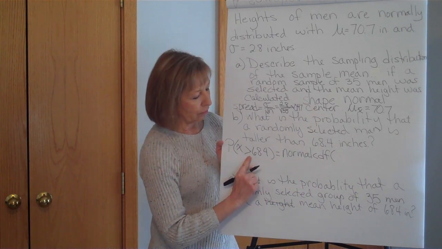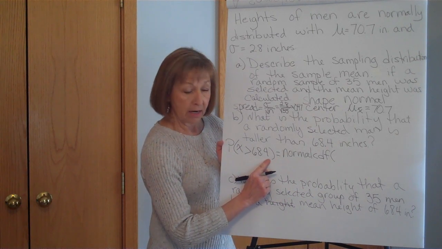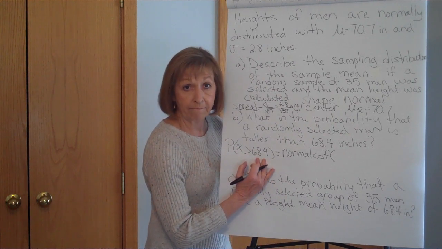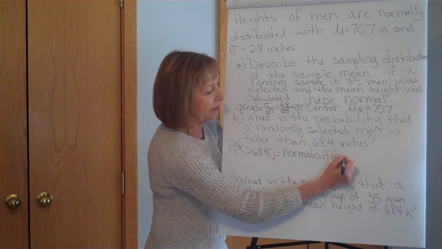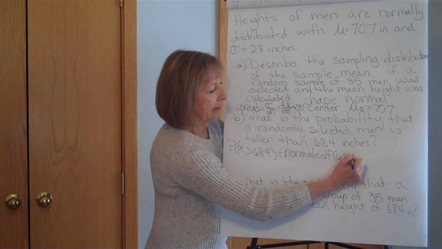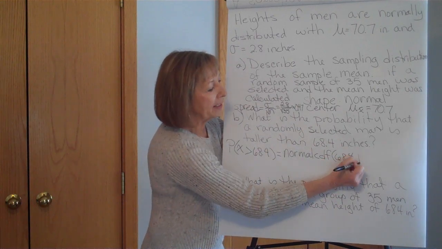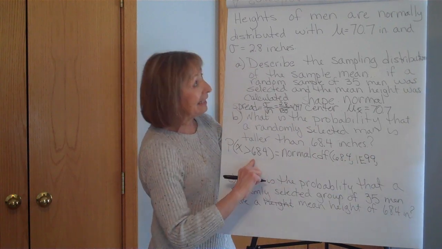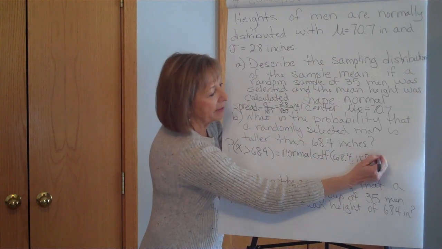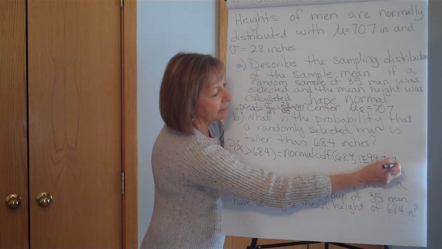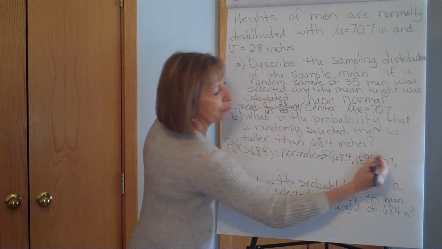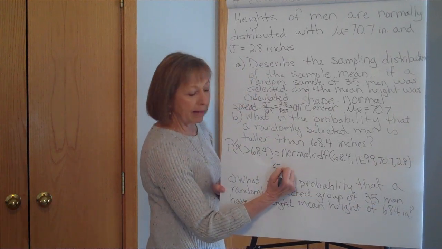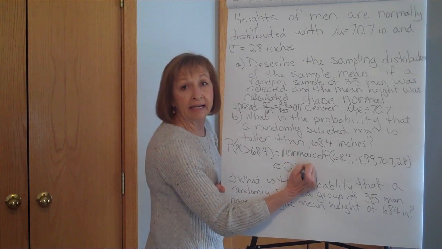The x's are greater than 68.4, and height is a continuous random variable, so I'll still use 68.4 as my low value. Comma, high, we're going to go 1E99. The mean of the individual numbers is 70.7, and the standard deviation is 2.8. When you calculate that, you get about 0.794.